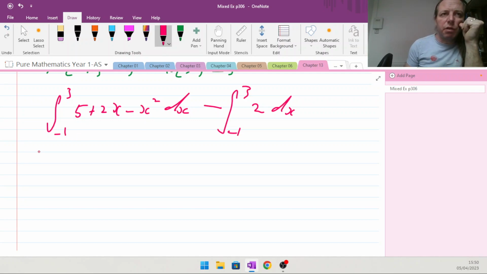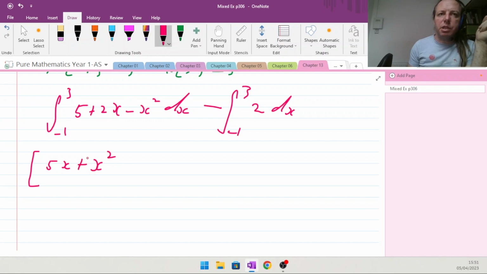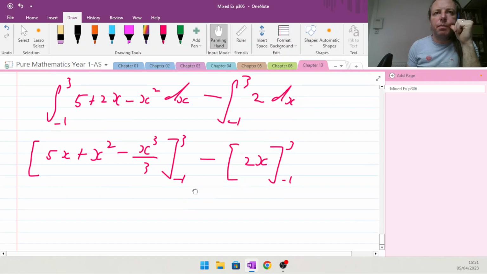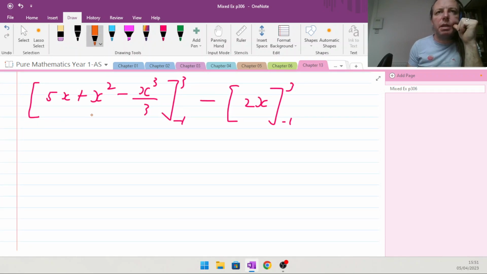So let's quickly integrate this, and we get 5x, raise the power by 1 divided by 1, then 2x squared divided by 2, so that becomes x squared because the 2 and the 2 cancel down, and this becomes minus x to the 3 divided by 3, between 3 and minus 1, minus 2x between 3 and minus 1. Right then, put in some numbers then.